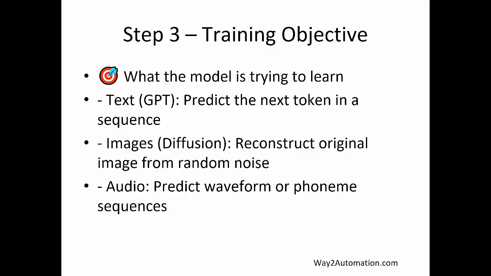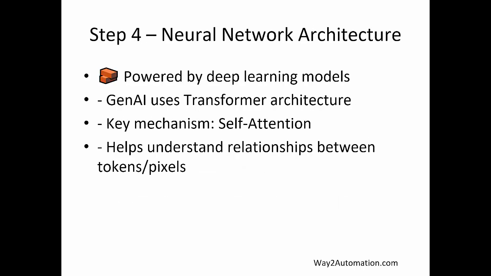In step 3, the training objective is decided for the model, what the model is trying to learn. Like the text model, GPT, predicts the next token in a sequence. The image diffusion model reconstructs the original image from some random noise. In the same way, the audio models predict waveforms or phoneme sequences. All this learning happens inside a deep neural network, most commonly the transformer architecture.